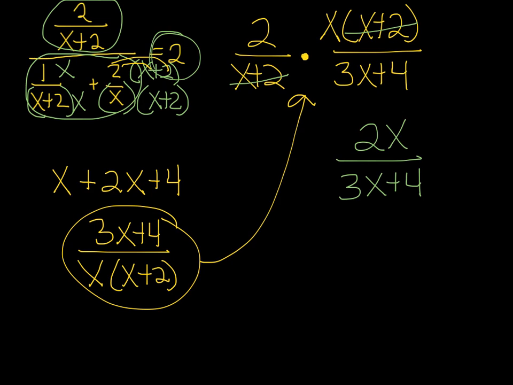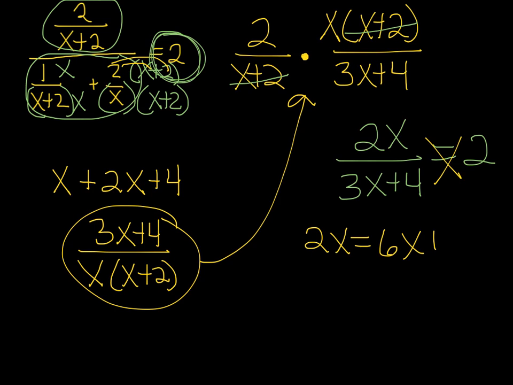But we've got to remember that we're equaling 2 here, so equals 2. So now, since it's just one thing equals one thing, I can cross multiply this, and I get 2x equals 6x plus 8, and 2x minus 6x is negative 4x equals 8, so x equals negative 2.